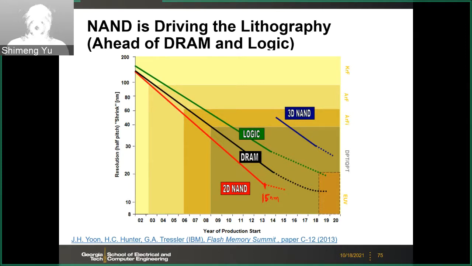And after that, the industry switched to 3D NAND, because 2D NAND really cannot scale due to the challenges we will discuss in the next few slides.